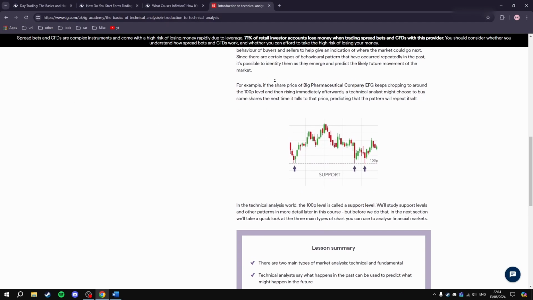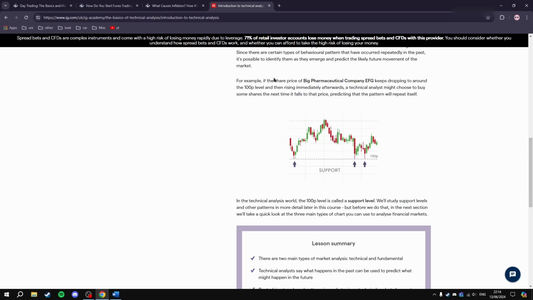Since there are certain types of behavioral patterns that have occurred repeatedly in the past, it's possible to identify them as they emerge and predict the likely future movement of the market. For example, if the share price of big pharmaceutical company EFG keeps dropping at around the 100 pence level and then rising immediately afterwards, a technical analyst might choose to buy some shares the next time it falls to that price, predicting that the pattern will repeat itself.